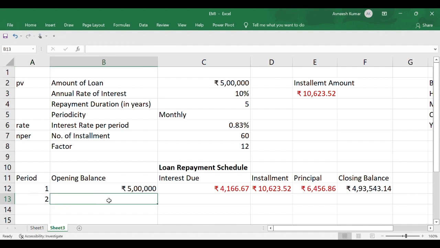This opening balance for the second period would be the closing balance of the previous period, so it would be easy to write just equal sign and then this, we get closing balance.